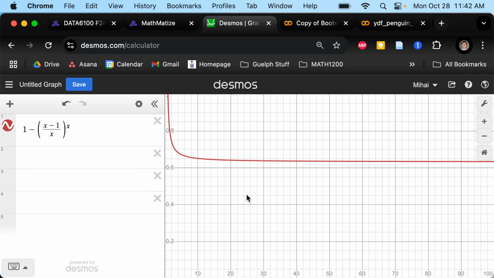You can see, when you pick like 5 points, it's something, but then it gets very close to this magical number. It's not changing much. It's almost flat. It's converging to something.